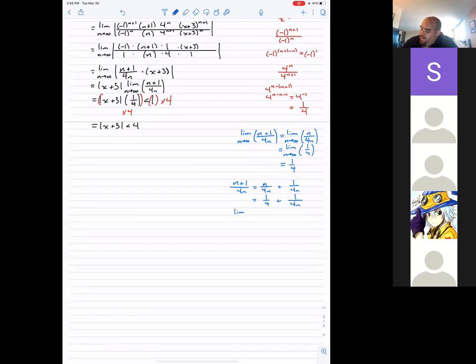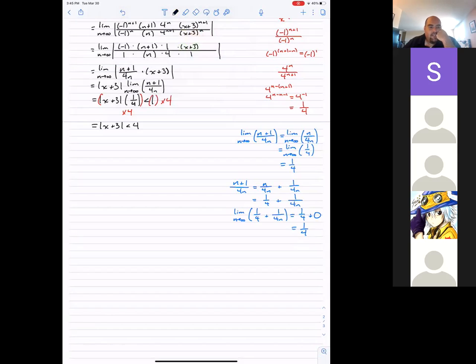If you think about the limit as n approaches infinity of this thing, hopefully it's clear that the 1/4 will never change, but the 1 over 4n will go to 0. So that's essentially the same as 1/4 plus 0. So however you get there, you're going to get a limit of 1/4. Yeah, I like that one better. Okay.